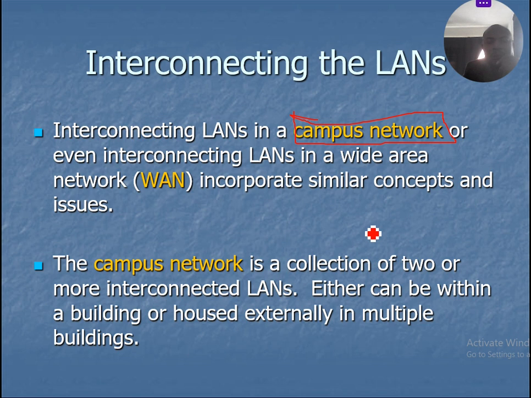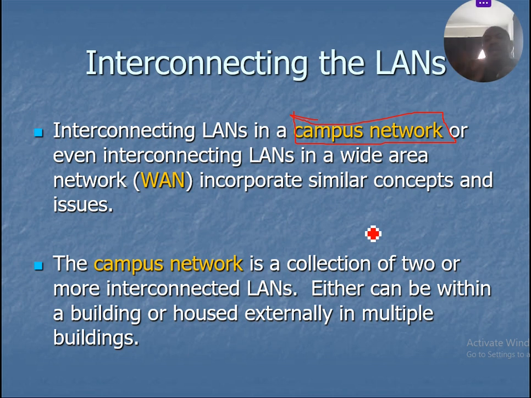Your campus has what we call the campus network, or interconnecting LANs could cover a wider area, like entire cities. Take Kuala Lumpur, for instance; you can interconnect the entire thing. So interconnecting an entire city, a metropolitan area, when we do this, we are able to cover what we call a wide area network.